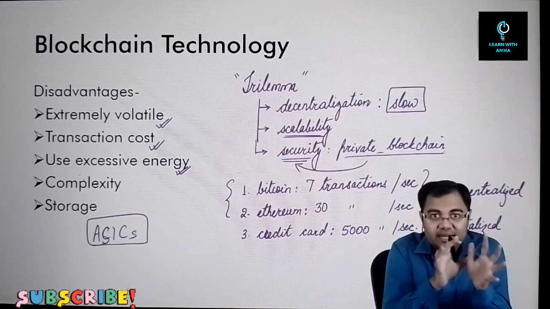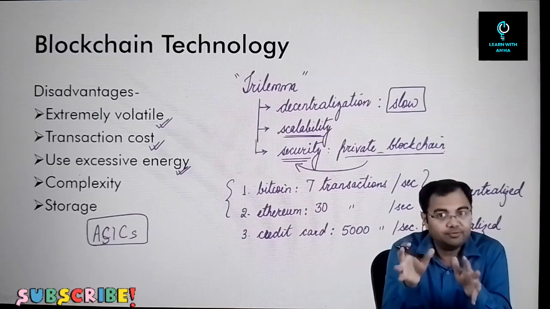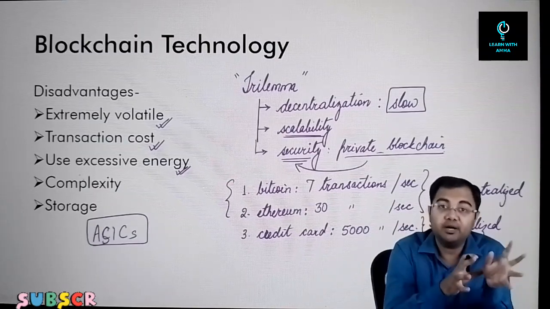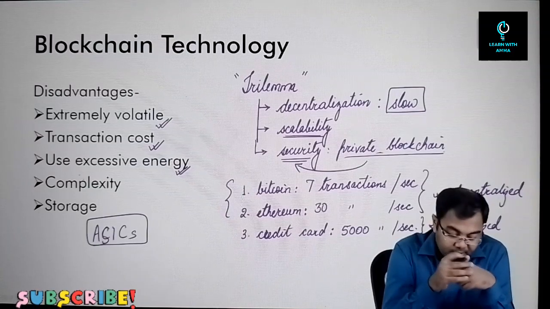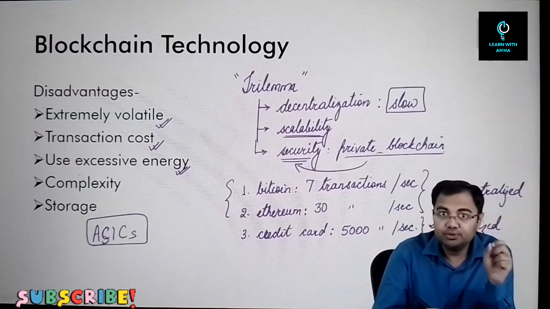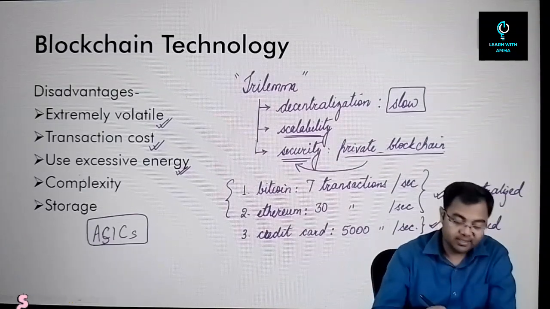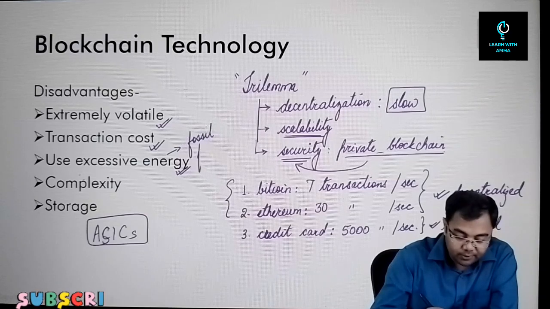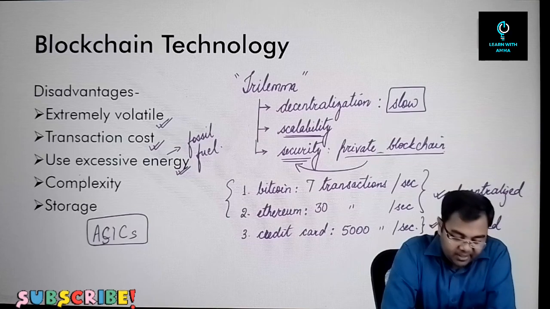Just imagine that a small European country, the amount of power they would be using, compared to that, bitcoins today use more power because of the mining activities. So that's why energy usage is huge. That becomes another challenge. Initially it may increase the use of fossil fuels because of the mining activities.